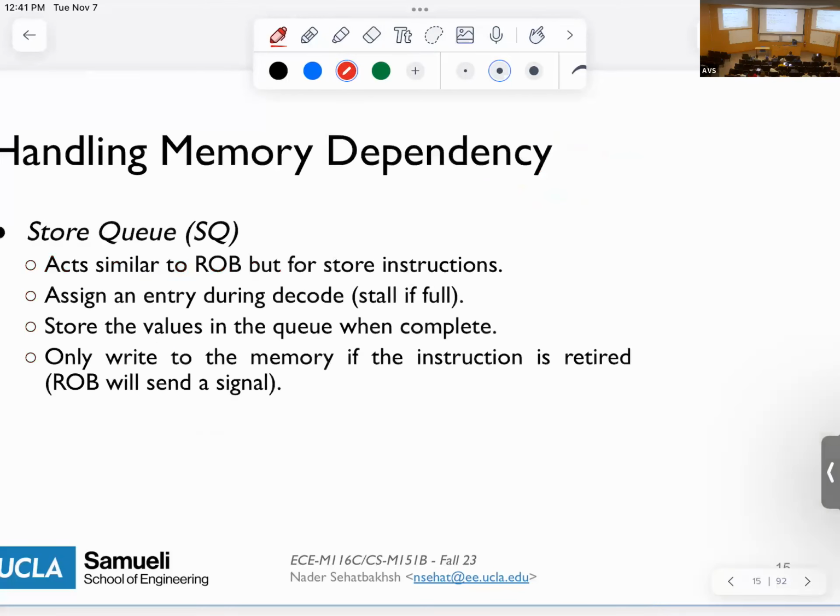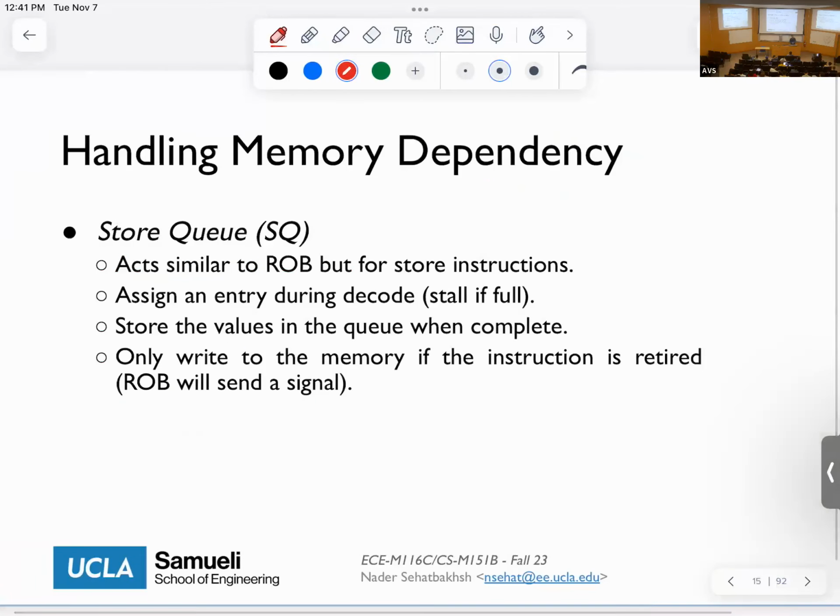In order to fix that, we have this thing called load store queues, or LSQs. The idea of the LSQ is that it acts similarly to the ROB. Whatever load or store you have, instead of writing it to the memory, you first put it into this load store queue, which issues things in order. The beauty of this is that whenever we have a new memory access, we first check the load store queue and see if it exists there.